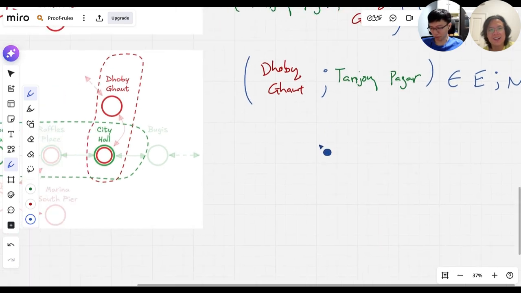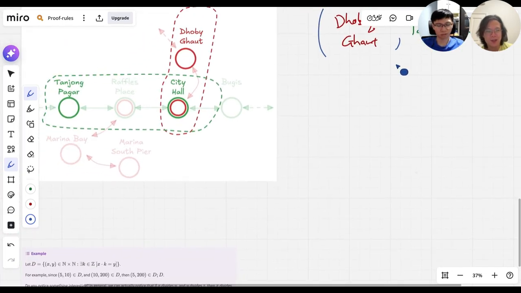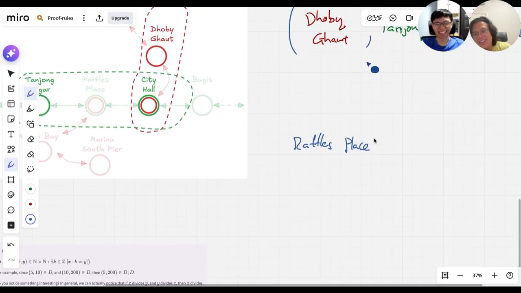I want to try one more. What about Raffles Place and City Hall?